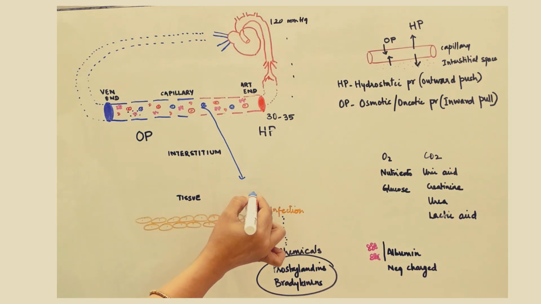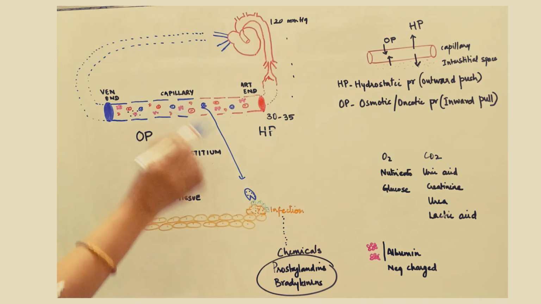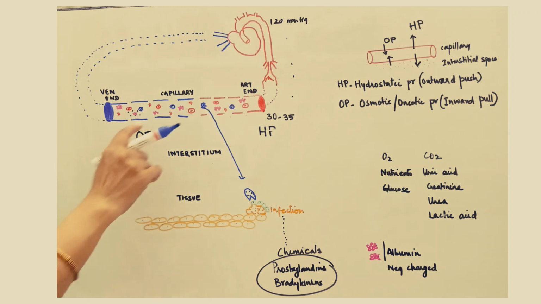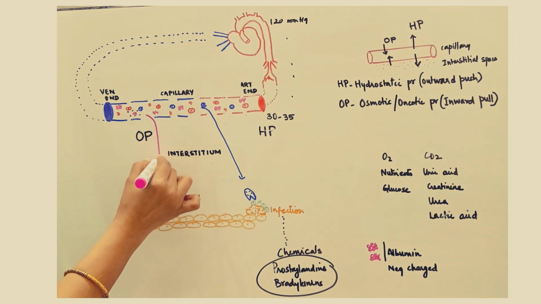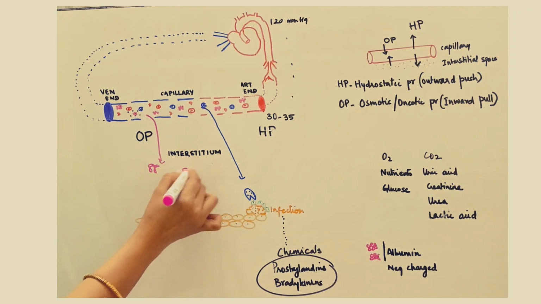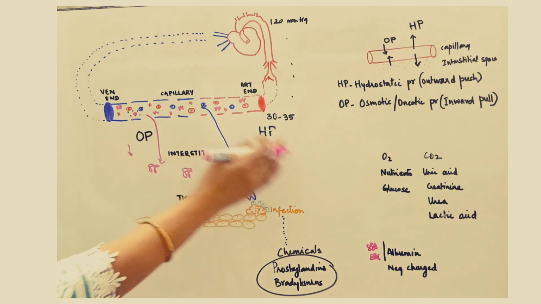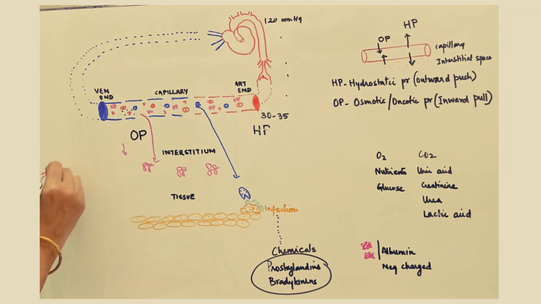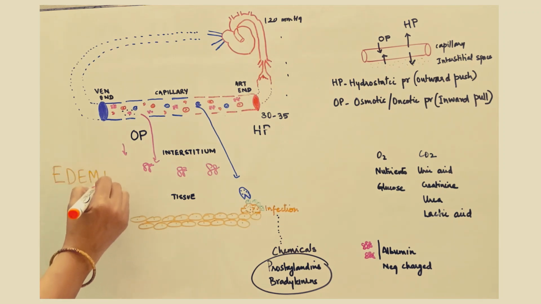Now that the cleft is widened, do you think only WBCs will come out and the rest will follow a disciplined routine path? No, the proteins also get leaked. Since there are no negatively charged ions in the capillary, osmotic pressure is low now and fluid remains in the interstitium without getting pulled back. This fluid buildup leads to edema, that is swelling in the ankles or feet.